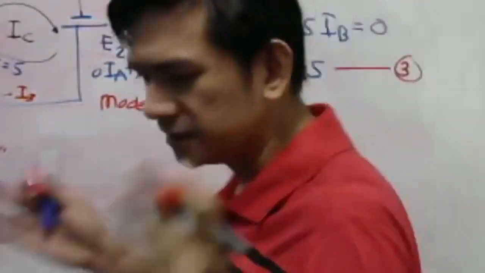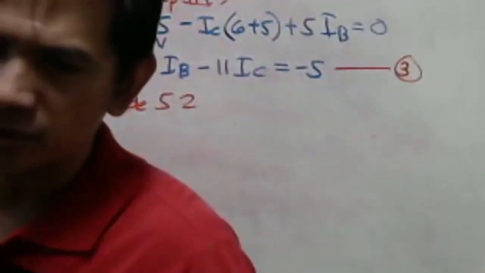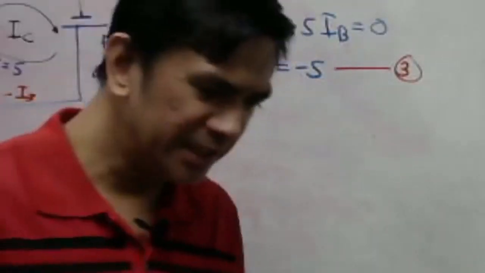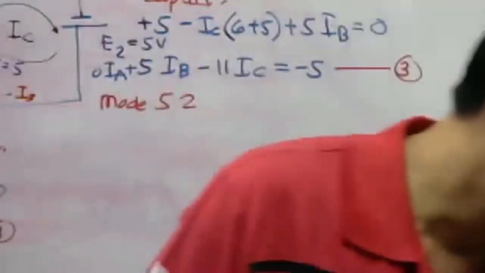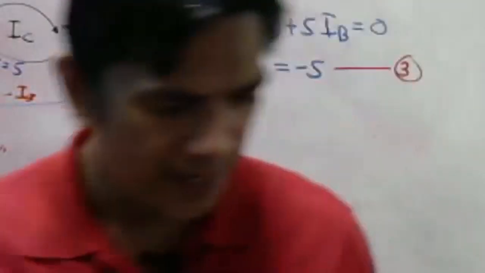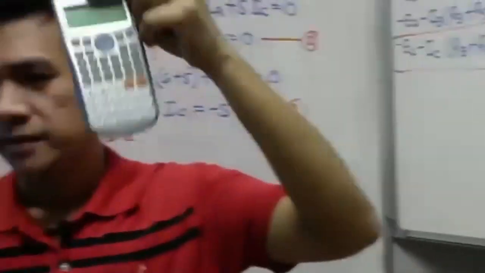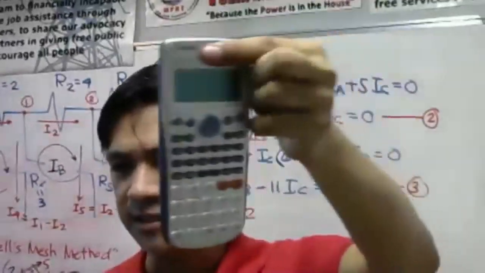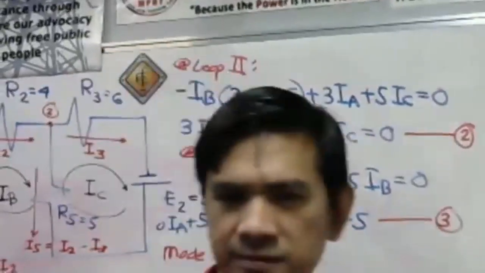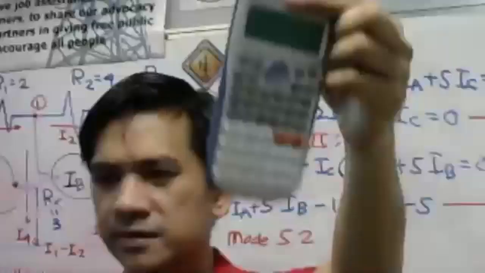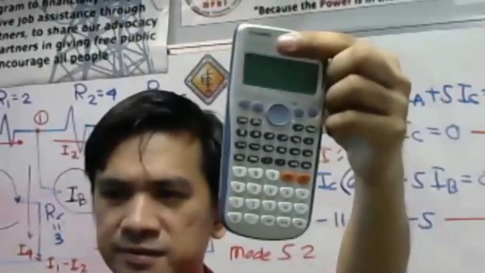We will not use determinants, Cramer's rule, substitution, or elimination anymore. With the help of the Casio 570 ES plus or 991, we can easily solve this problem.